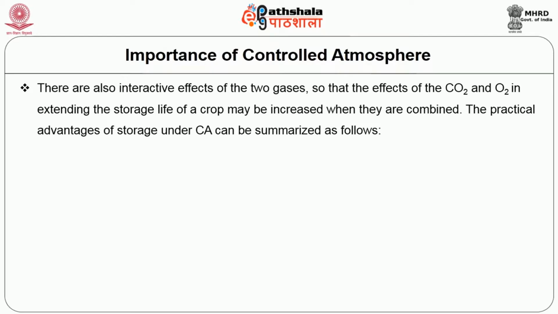There are also interactive effects of the two gases, so that the effects of carbon dioxide and oxygen in extending the storage life of a crop may be increased when they are combined.